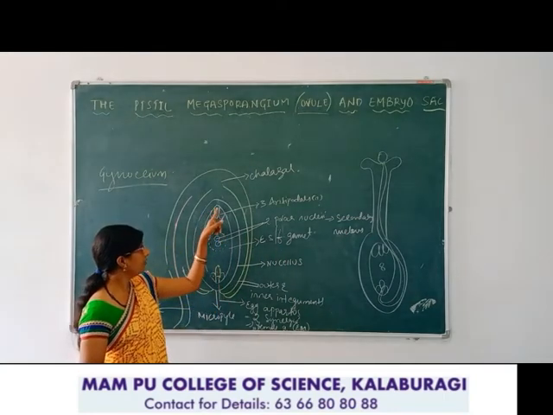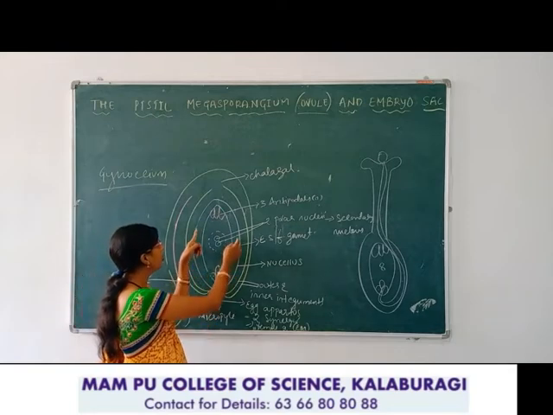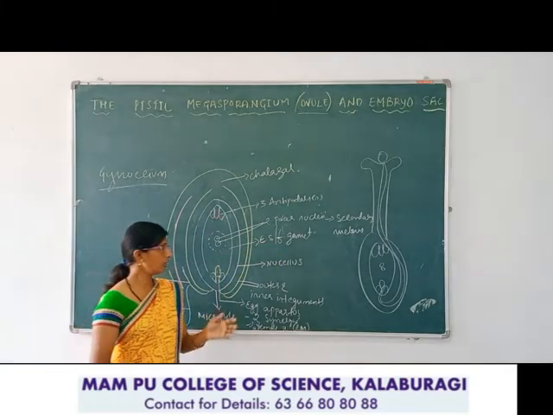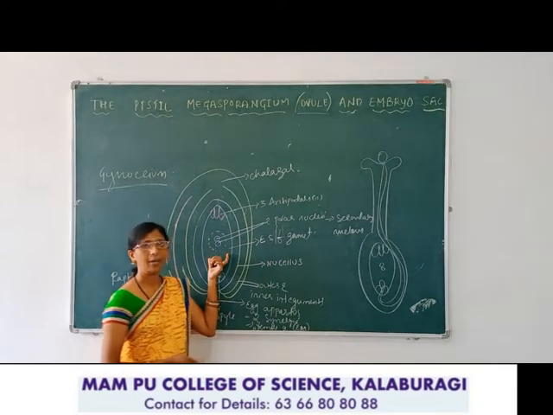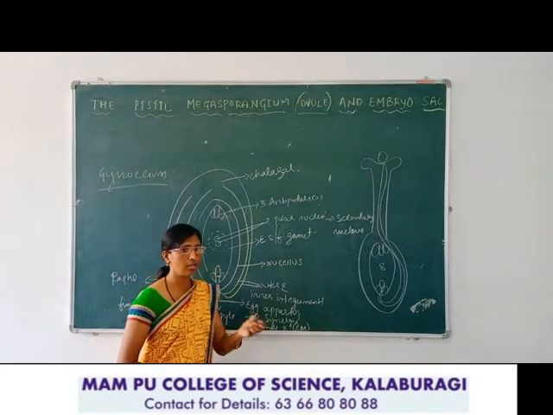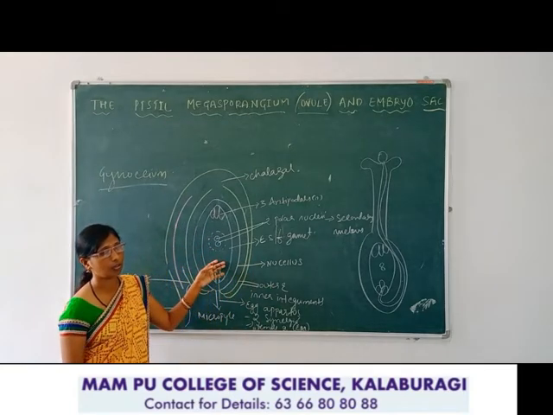And next, the female gametophyte or embryo sac is surrounded by a nutritive tissue called the nucellus. So what is the nucellus? It nourishes the developing embryo sac or female gametophyte. So this nucellus gives food for the development of the embryo sac.